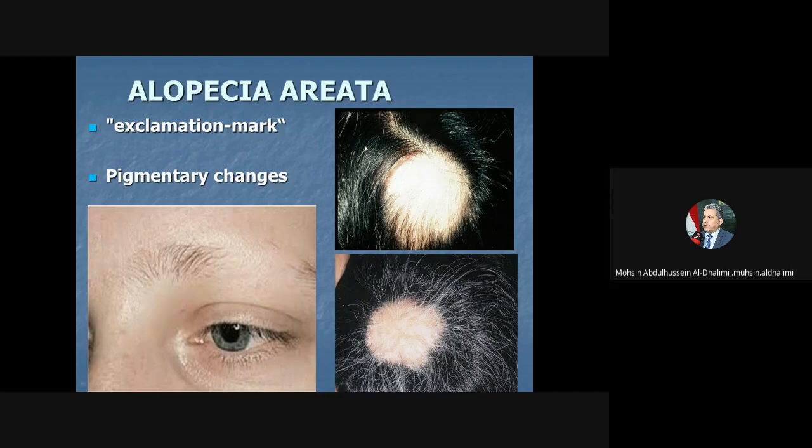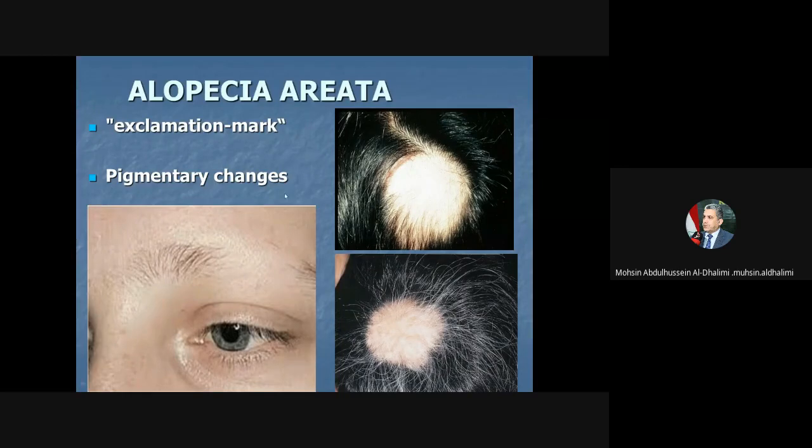It may affect the scalp, may affect the eyebrows, eyelashes, mustache, beard area, or even the body hair. It can be single and can be multiple and can be diffuse.